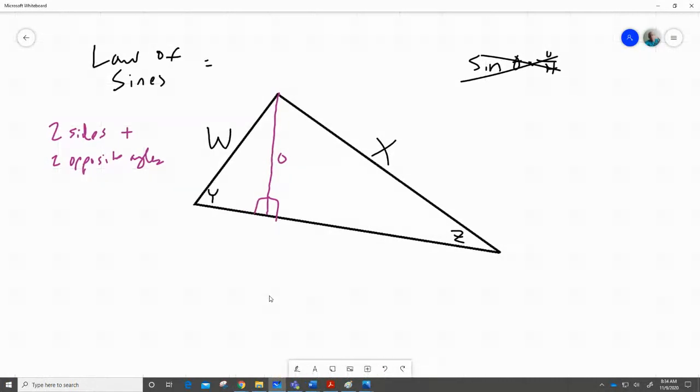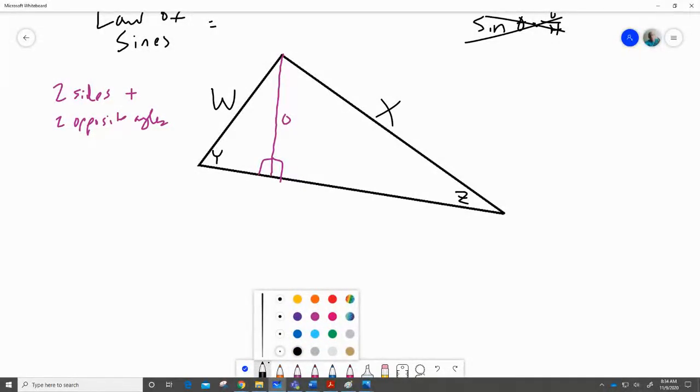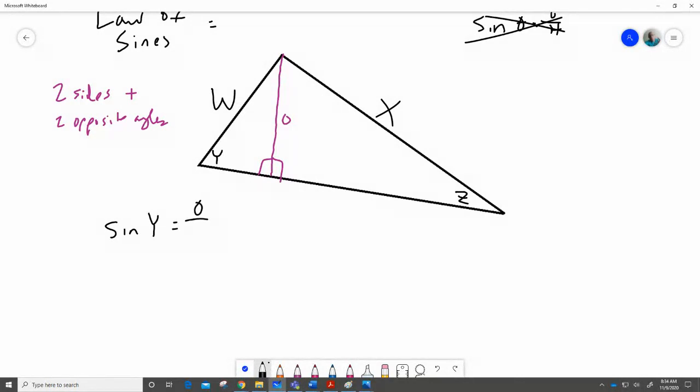Now, here's what we know. If we were to just talk in generalities, in this triangle right here, the sine of angle Y is equal to O over W. O is the opposite, W is the hypotenuse.